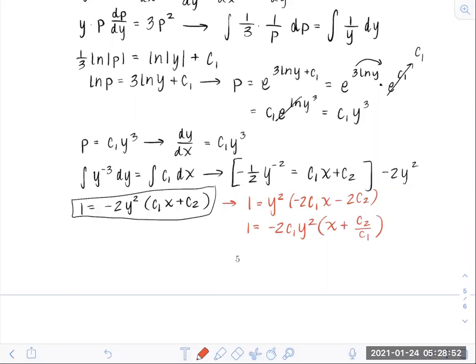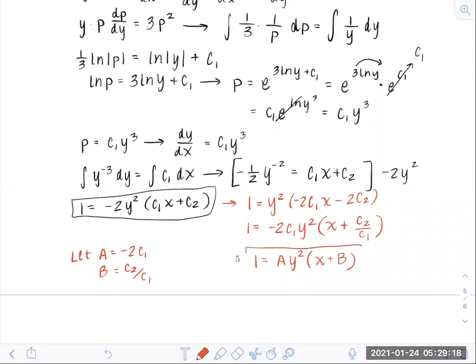And so the book does this kind of silly substitution. They say, let A equal -2c1 and let B equal c2 over c1. So they write their final answer as 1 equals Ay squared times x plus B.